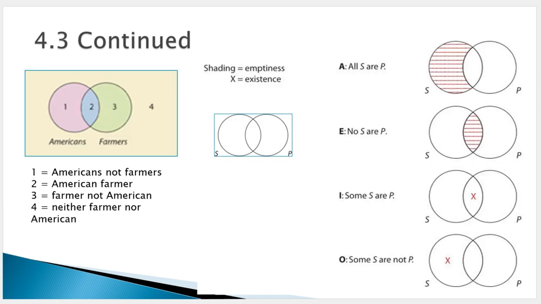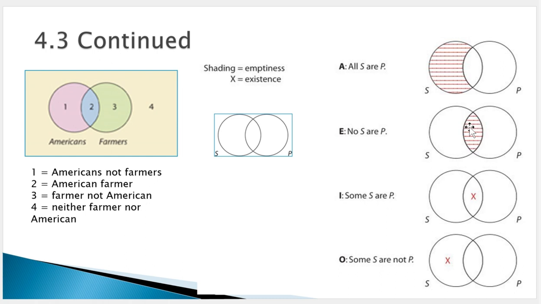Okay, so here we go. Here are some examples. Before I get to the one on the left, let's talk about the one on the right. Here are my four propositions. All S are P would be this right here. These are all the S's that are P's. I know it seems weird, but shading is emptiness and X is existence.